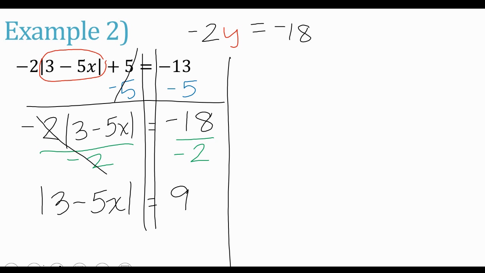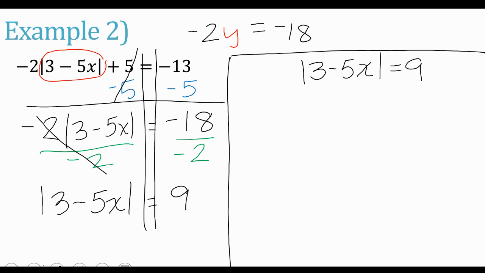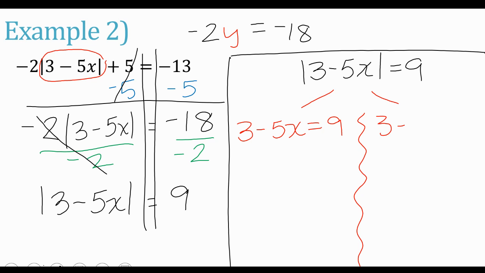Okay, so from there, I'm going to solve the way we solved before. I'm going to just rewrite it over here. And we're going to create those two equations like we did last time. So 3 minus 5x equals a positive 9. And then we have 3 minus 5x equals negative 9.